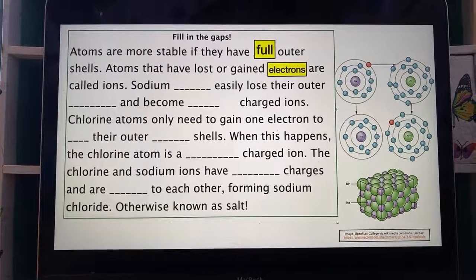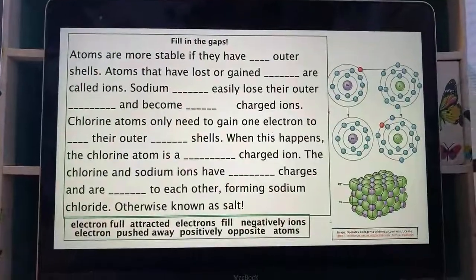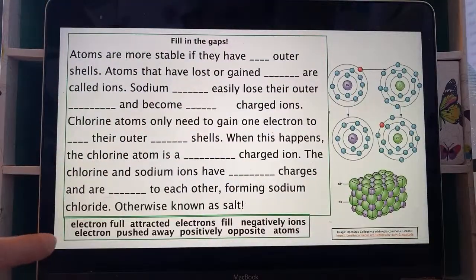Wait, come here. I'm just giving you the answers. Here. So another 20 seconds with these words on the bottom. Electron, full, attracted, electrons, feel, negatively, ions, electron, pushed away, positively, opposite, and atoms.